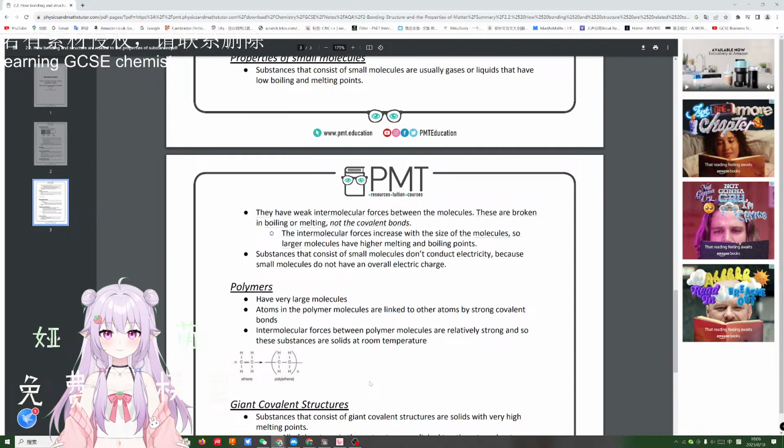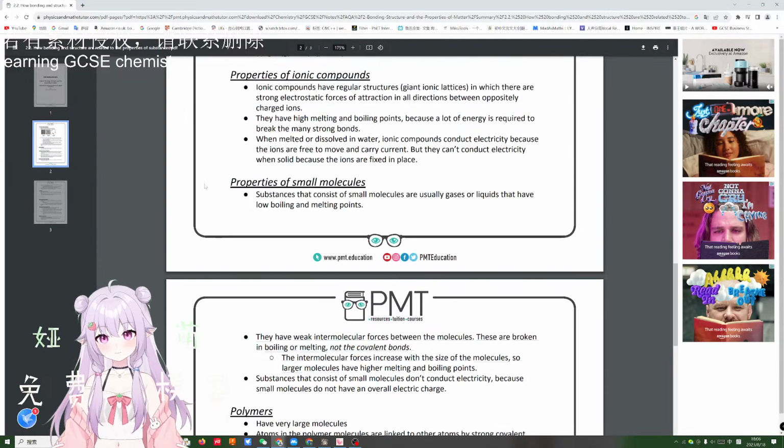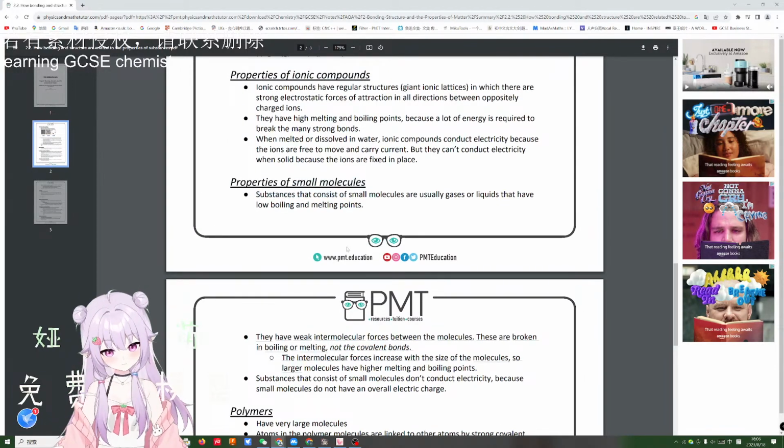So we would say the intermolecular force is relatively strong, so they are solid at room temperature, or we say they have a higher melting and boiling point compared with small molecules.